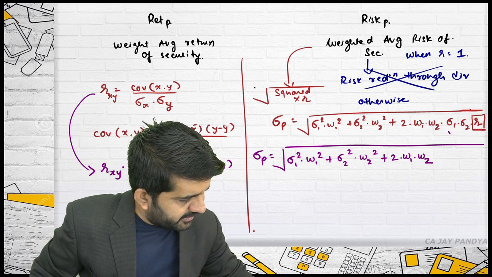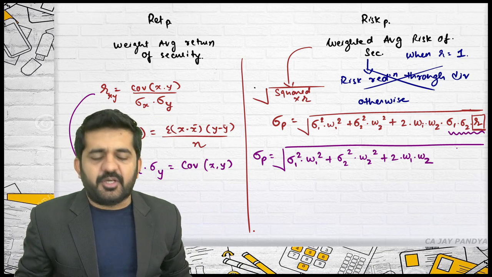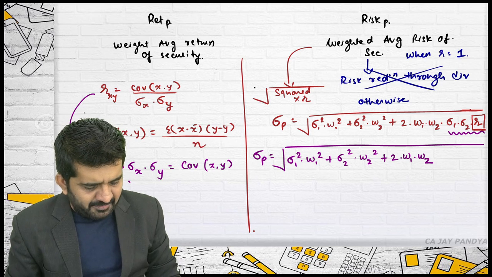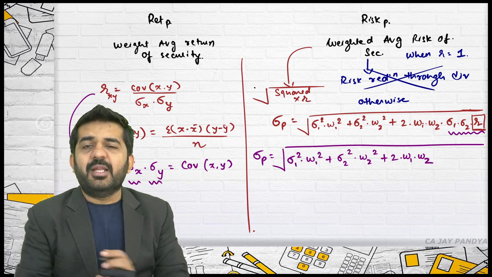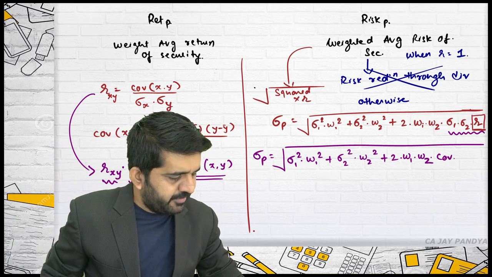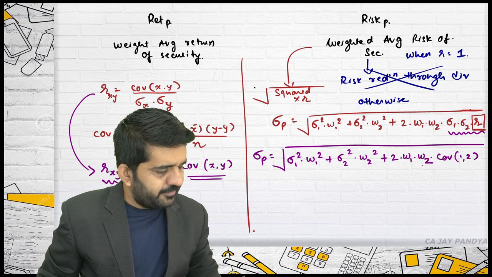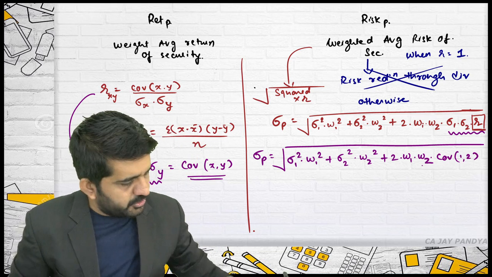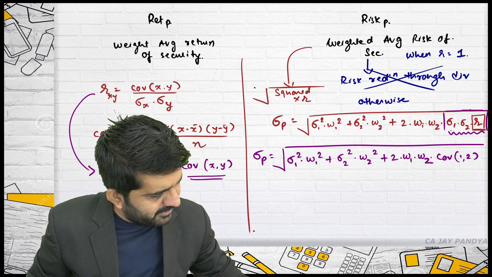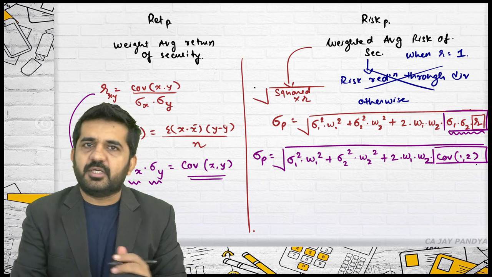Now what is this figure? Understand. R multiplied by standard deviation of 1 and standard deviation of 2 is nothing but covariance. So this will be covariance between 1 and 2. So instead of multiplying these three variables, I'll be multiplying just one variable, which is covariance 1, 2.